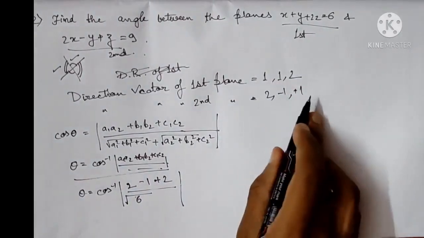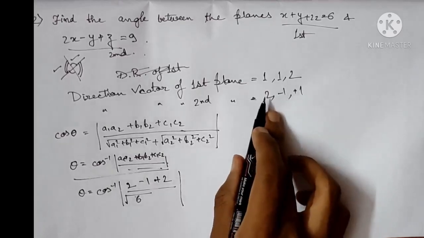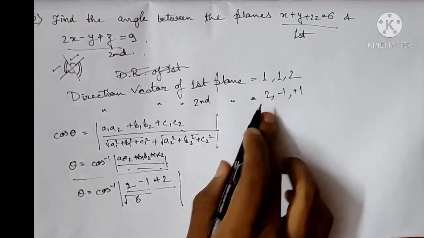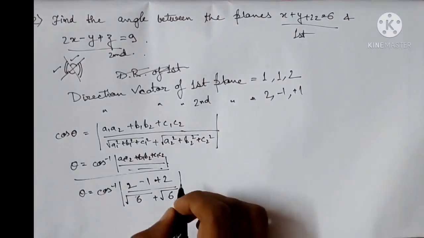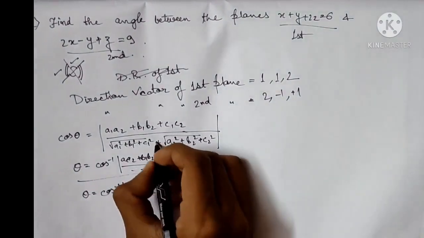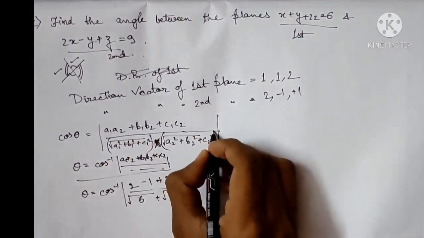Same here, 1 square plus minus 1 square plus 2 square, that is 1 plus 1 plus 4, that is root 6. Oh sorry, this is multiplication, that was a silly mistake, sorry.